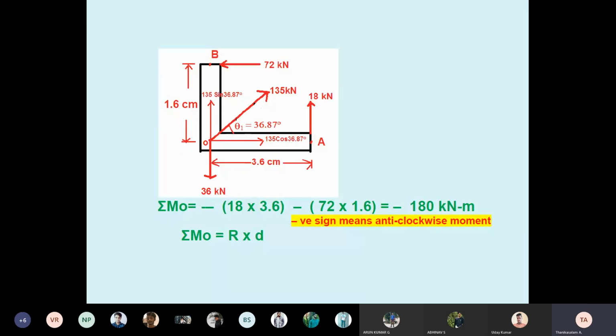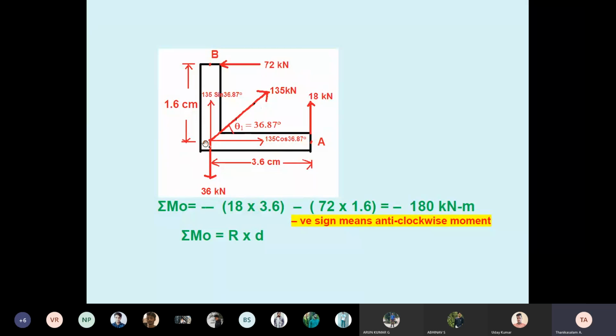You see this picture, this diagram, so this 36 is acting at the reference point. Understand? So 36 does not give moment. It is only pulling. We are taking moment. What is a moment? Force and perpendicular distance. So the 36 is starting from O, so 36 does not give moment. Similarly, see here, 135 cos 36.87 is resolved, no?